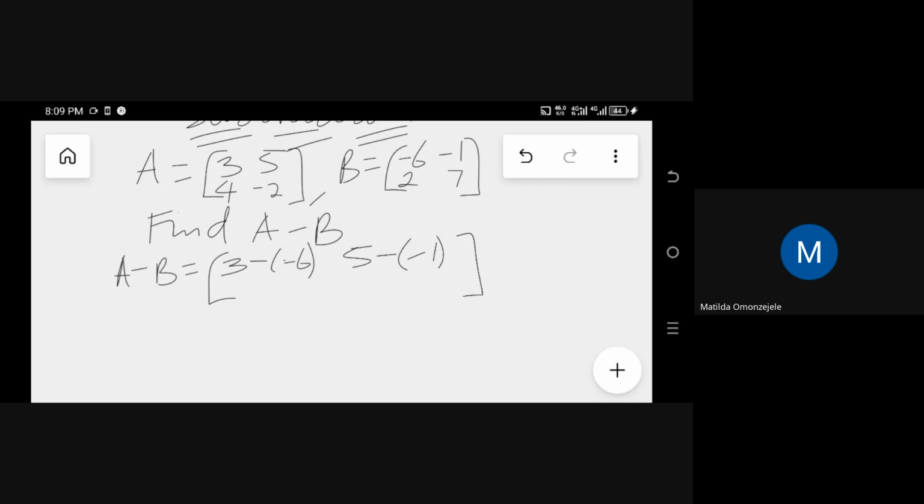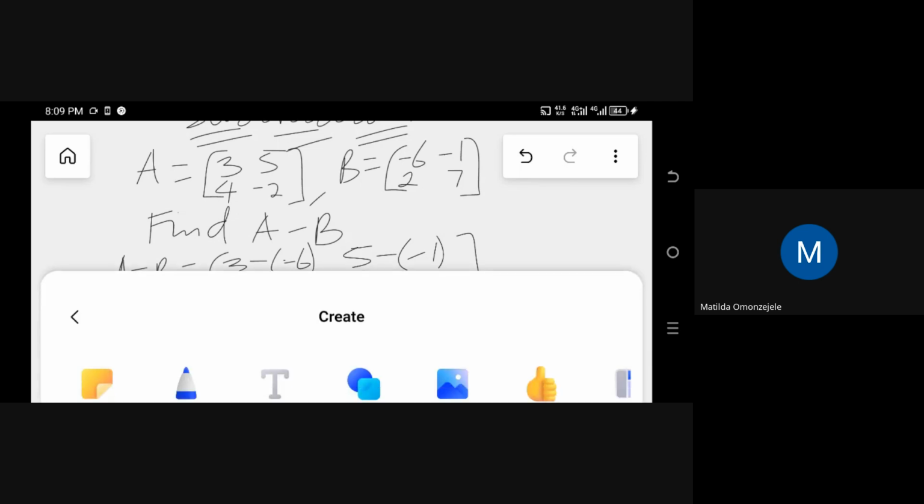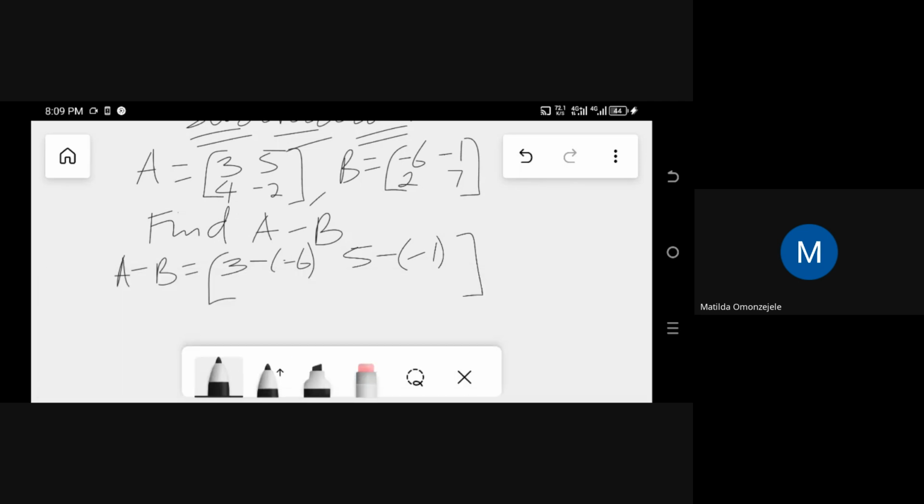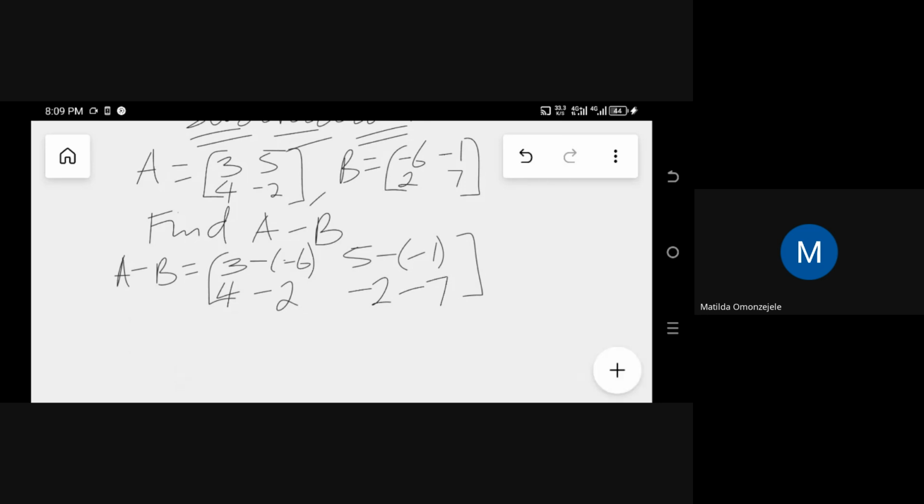Then we go to the second row. There we have 4 minus 2 for the second row. Then for the other one, we have minus 2 minus 7. We're starting that again.